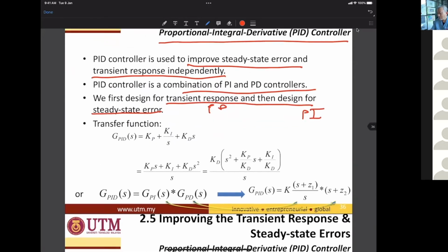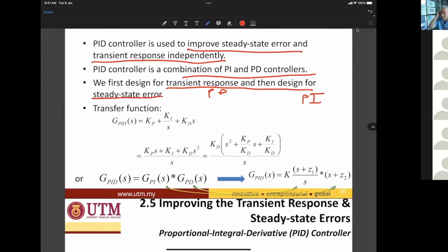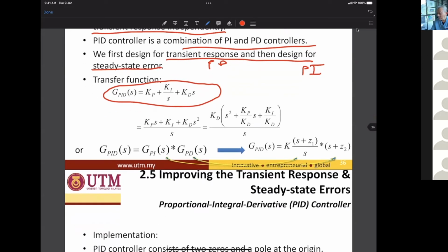Okay. So the structure of PID controller is G_PID = KP + KI/S + KD·S. Okay. Kita boleh tulis dia macam ni: G_PID = K(S + Z1)(S + Z2)/S.